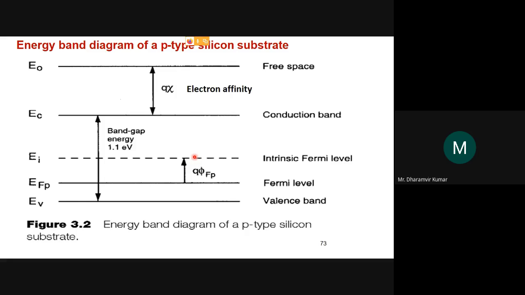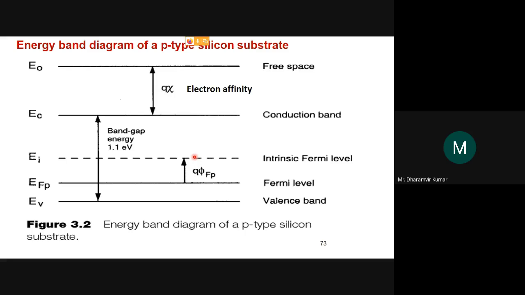We can define the work function as the minimum thermodynamic energy needed to remove an electron from a solid to a point in vacuum immediately outside the solid surface. Okay, so this is the definition of work function.